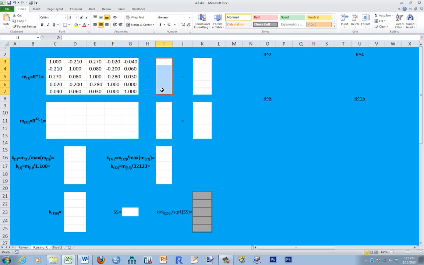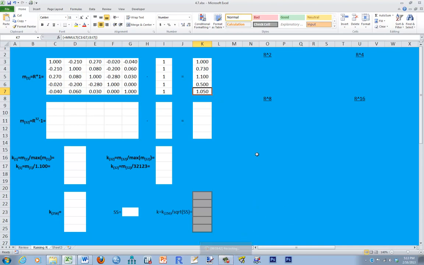So if we want to get the row sums, we just create a vector of 1s, and we'll do matrix multiplication to get the row sums here. So we see it as the values of 1, 0.73, 1.1, 0.5, and 1.05.